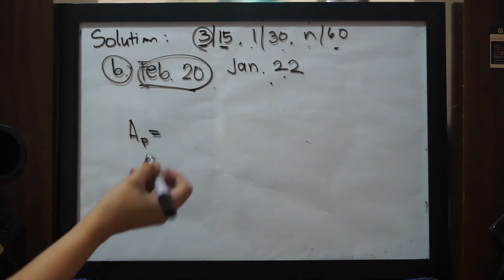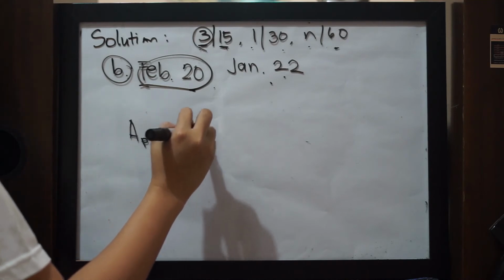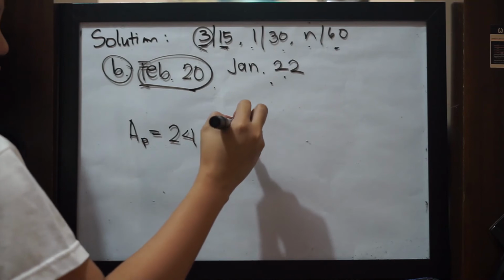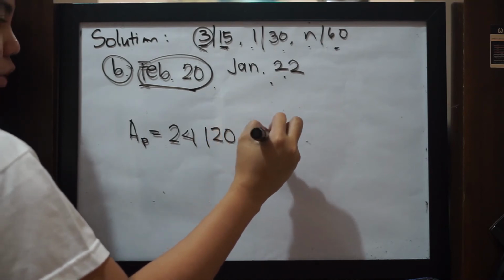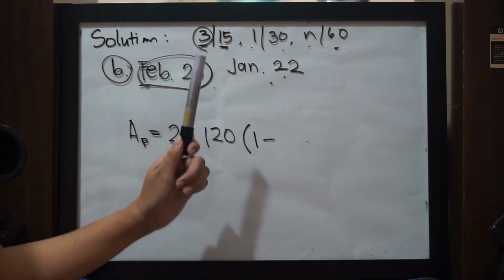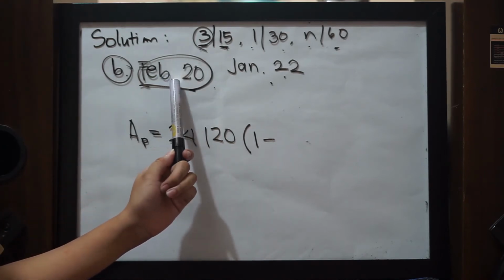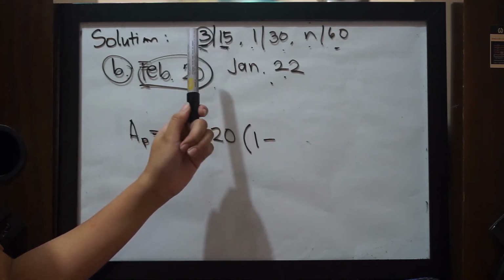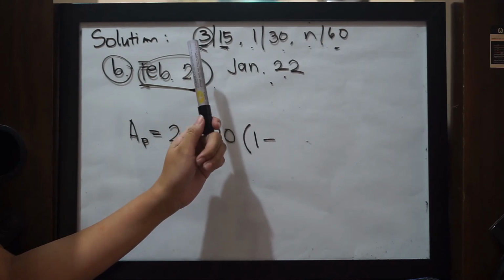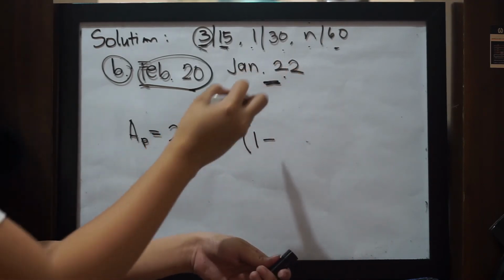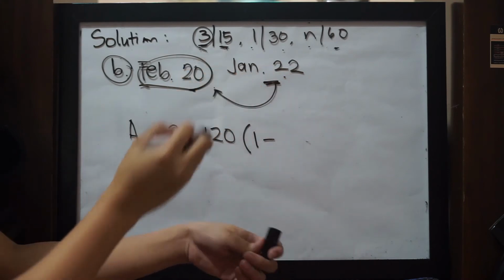And we will still use 24,120 for the net price since we have the same problem. 1 minus the discount rate. So, we cannot automatically use 3% because we are not yet sure if February 20 is within that 15-day period. So, check again how many days will pass from January 22 up to February 20.